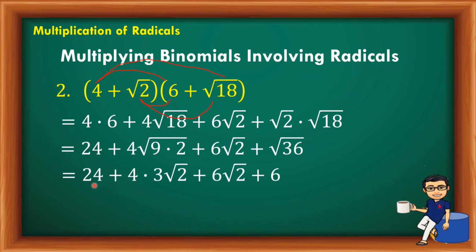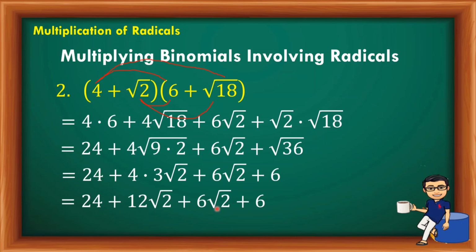So tuloy natin. 24, ito ay mapupunta na sa labas. 4 times the square root of 9 ay 3. Square root of 2, kinopya na lang. Then 6 times the square root of 2, yun pa rin yun. And the square root of 36 is 6. So baka mayroon na siyang pwedeng i-perform ang operation. Ito pwede pa. Okay? So 24, then 4 times 3 is 12.